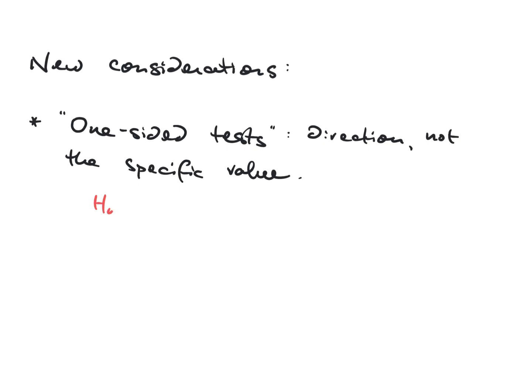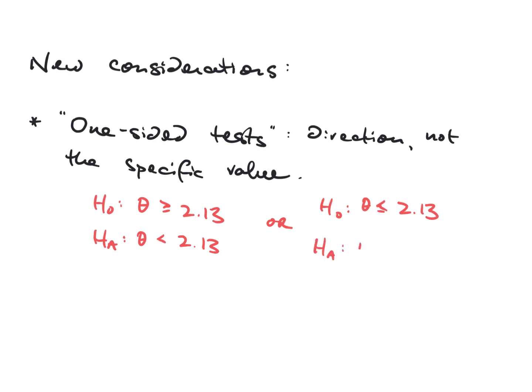So you might be testing a null hypothesis like theta is greater than or equal to a value against the alternative that theta is less than that value. Or it could be just reversed from that. The null hypothesis is that theta is less than or equal to 2.13 against the alternative theta is greater than 2.13. So it's about greater than a value versus less than a value. Which side of the value is it on? Okay, which direction?